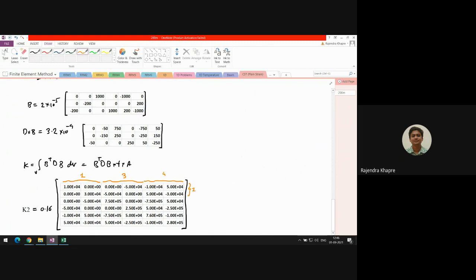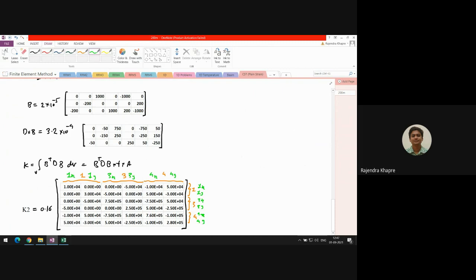Specifically, the columns are 1x, 1y, 3x, 3y, 4x and 4y. Similarly for the rows: 1x, 1y, 3x, 3y, 4x and 4y.